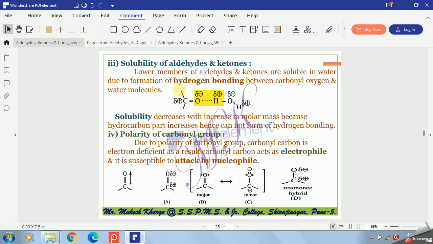simply here write down R group and here OH, or you can write R as CH3. So this hydrogen bonding is shown when you explain the solubility of aldehydes, ketones and carboxylic acids. Okay, remember that.